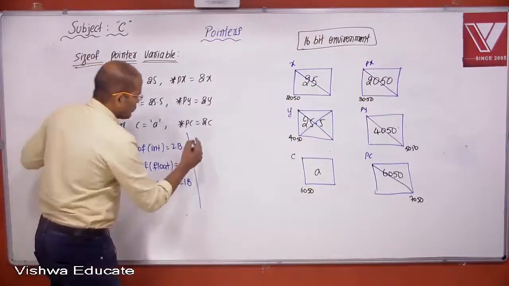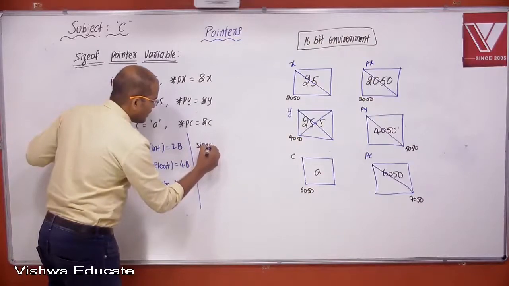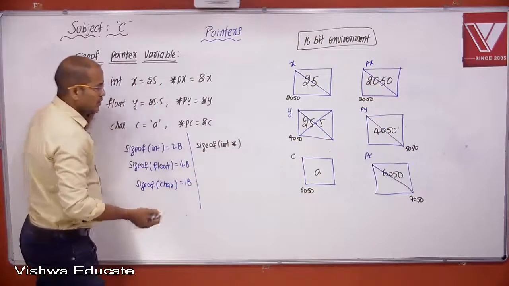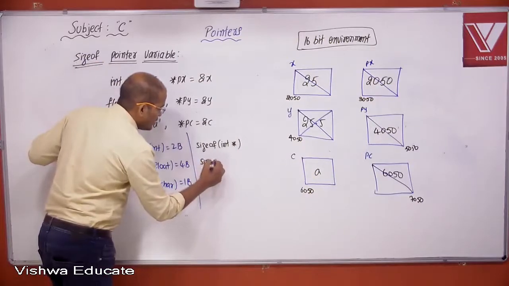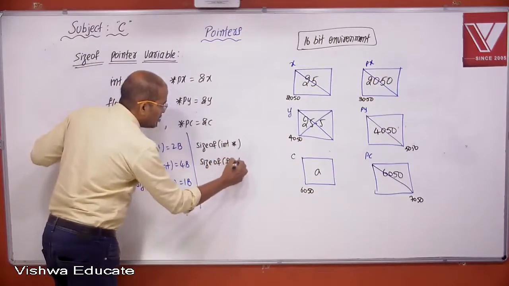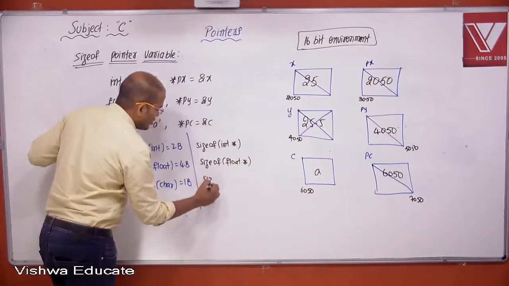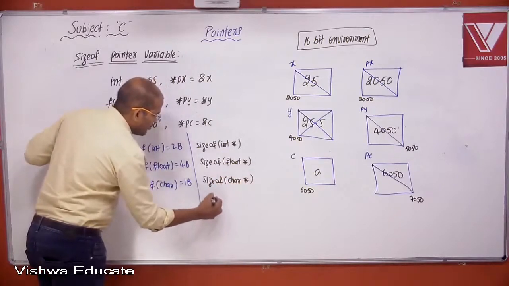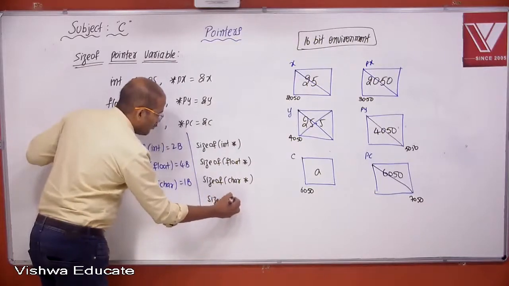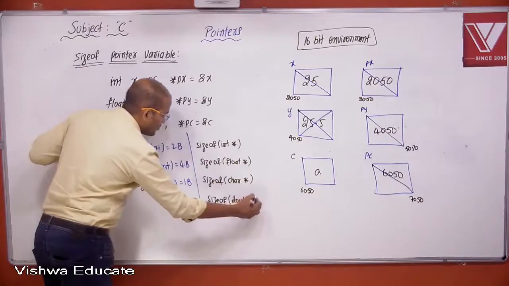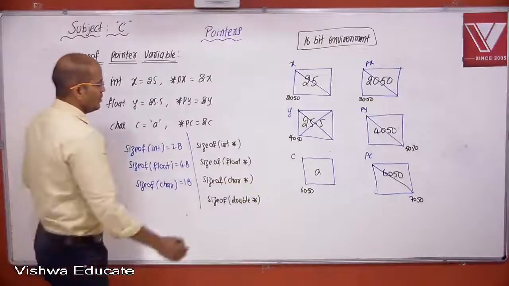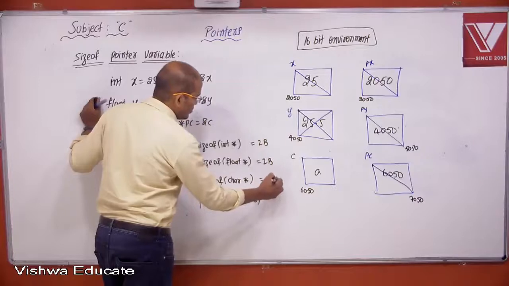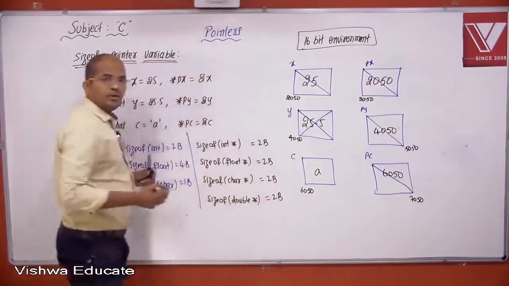Now, size of integer pointer, size of float pointer, size of character pointer, or size of double pointer, whatever you call it, will be 2 bytes.